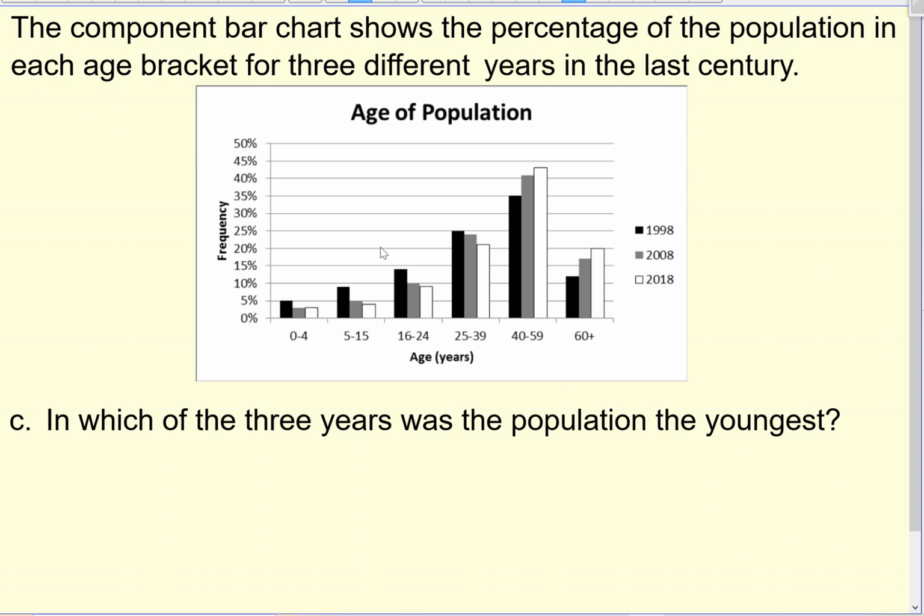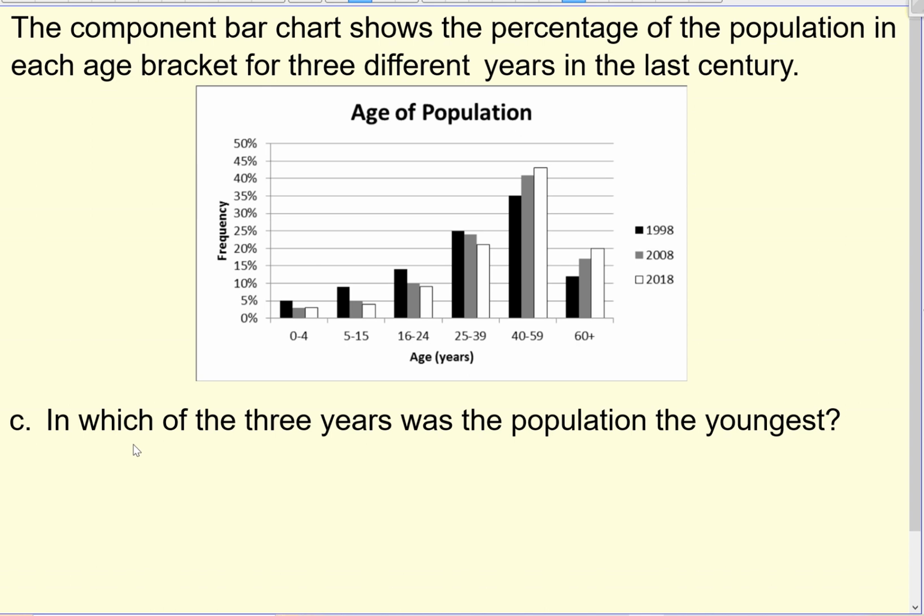And you can see that yet again in the darkest color, 1998, there is a higher percentage, higher frequency of people who are younger. It's kind of similar for ages between 25 and 39, but then as people get older, this bar is much smaller.